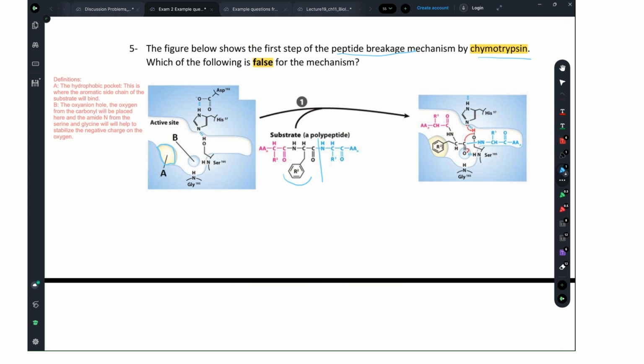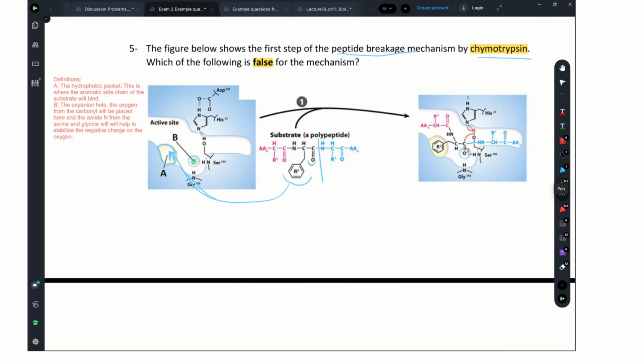So whenever the substrate enters the active binding site, this aromatic side chain will be placed inside of the hydrophobic pocket. And then B, that's the oxyanion hole. So the oxygen from the carbonyl, now they're talking about this oxygen right here from this carbonyl, is going to be placed in here during one of the steps when that oxygen acquires a more negative charge.